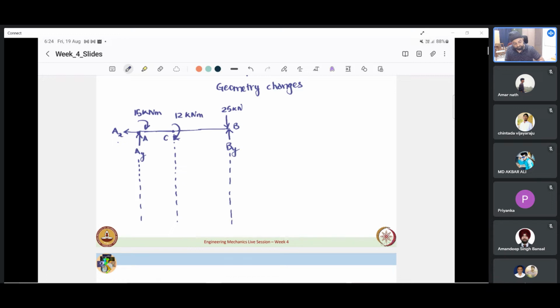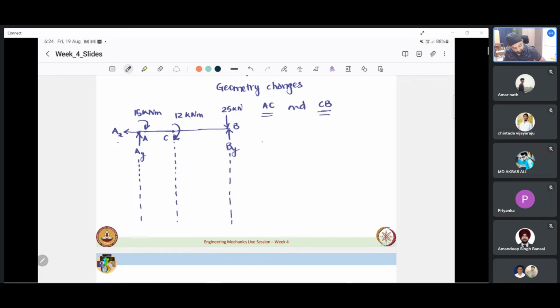Now, the reason we identify key points is because we want to split the beam there and analyze the parts individually. So now we will split the beam into two, and first we will develop for AC. Section AC alone we will analyze for getting the shear force variation and the bending moment variation. Then we will analyze section CB. This is the idea behind getting the key points.